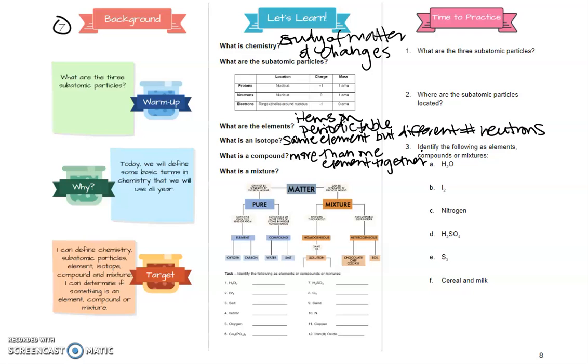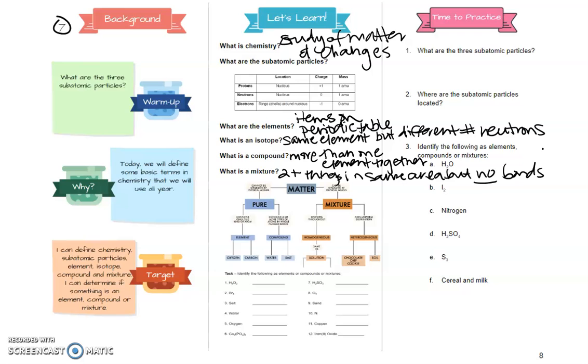So for mixtures, you can write something like in the same area, but not bound together. So 2 plus things, meaning 2 or more, in same area, but no bonds. Compounds have bonds, that's what makes it different.